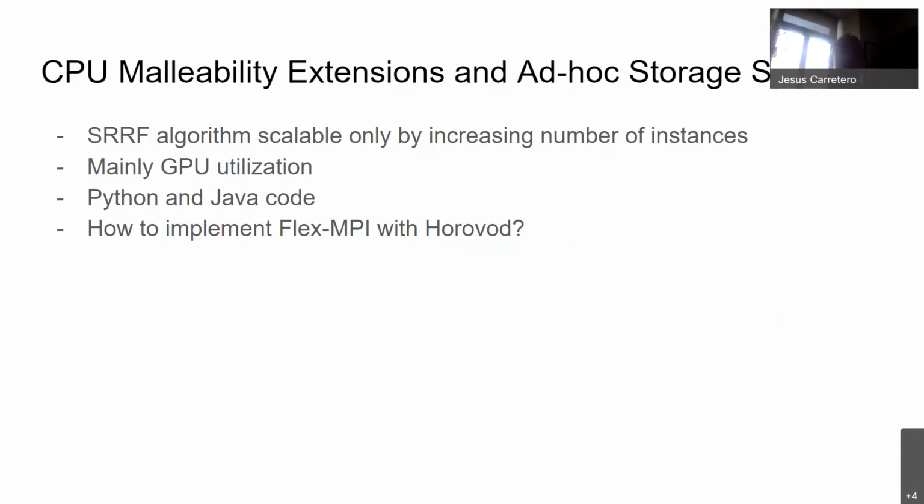Maybe one application cannot be a good application for CPU malleability, but we can exploit storage using an ad hoc storage system well. So we have both targets, and hopefully we can join together in the same application. That would be great. That shouldn't be the main point.